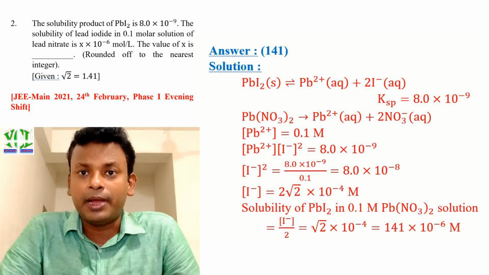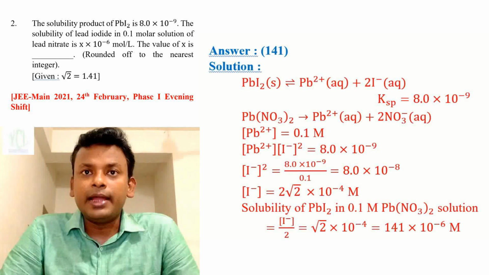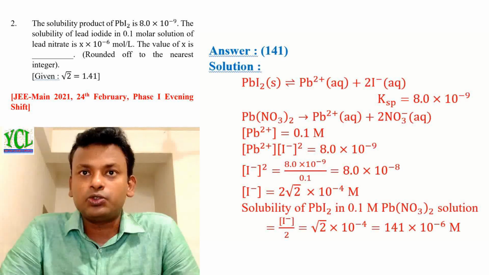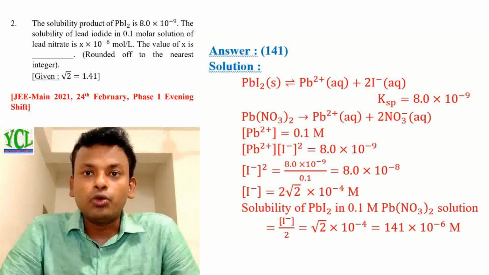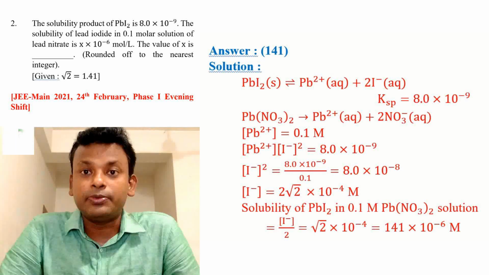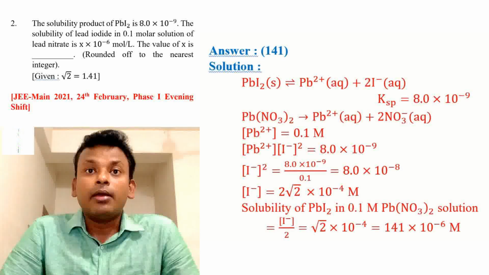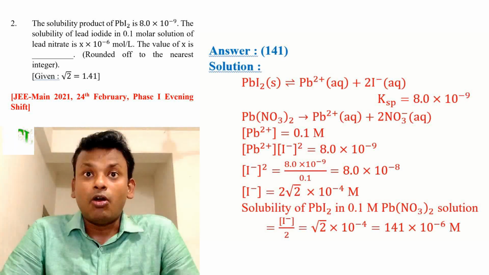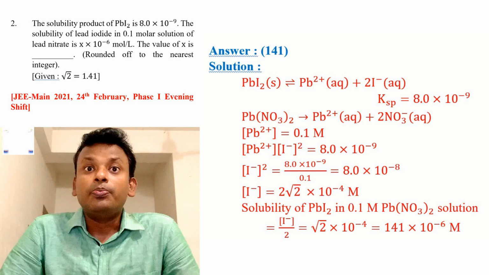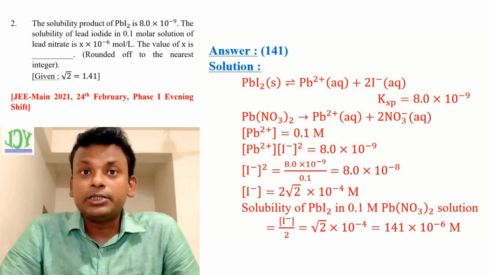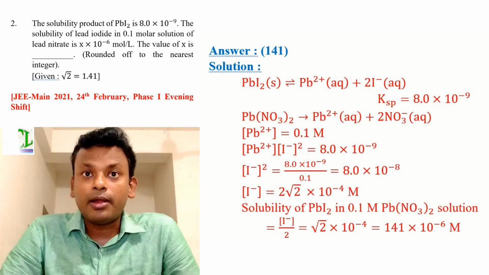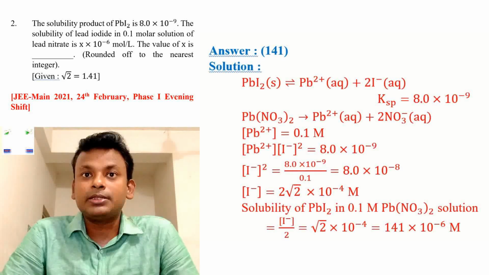as 8 into 10 to the power minus 9, and lead nitrate dissociates into Pb2 positive plus 2 NO3 negative. So we know that the concentration of Pb2 positive equals 0.1, and then Ksp of PbI2 equals Pb2 positive into I negative square, which equals 8 into 10 to the power minus 9.